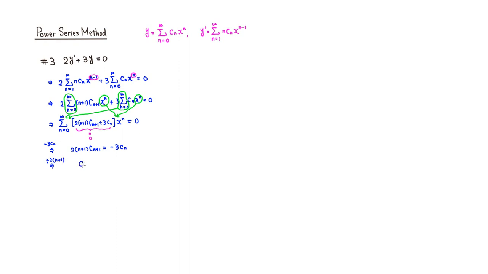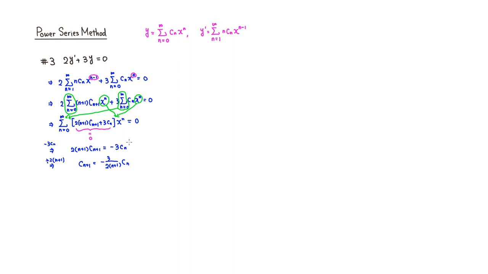So c_(n+1) can be written as negative 3 over 2(n+1) times c_n. So we got a condition about the unknown coefficients.